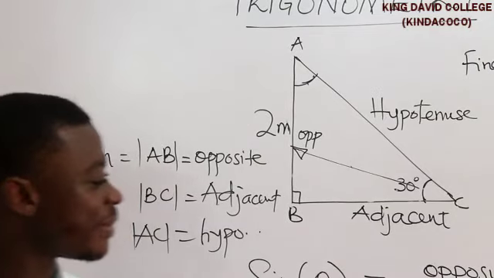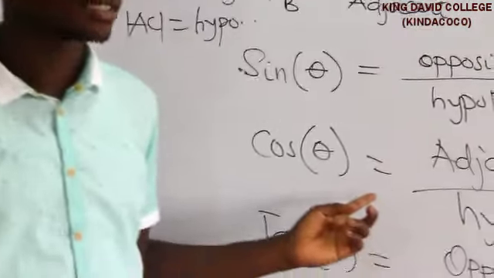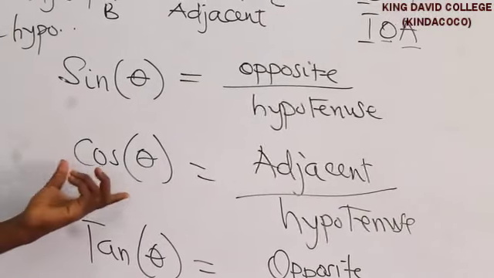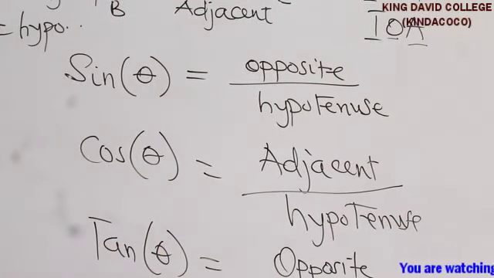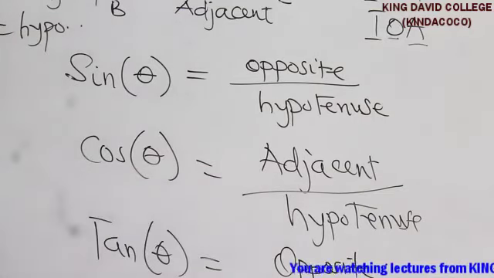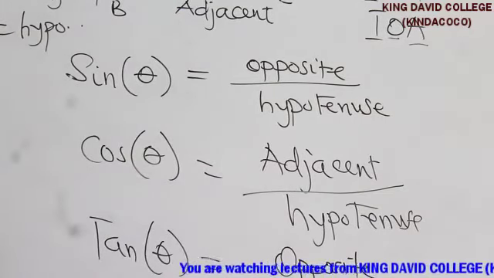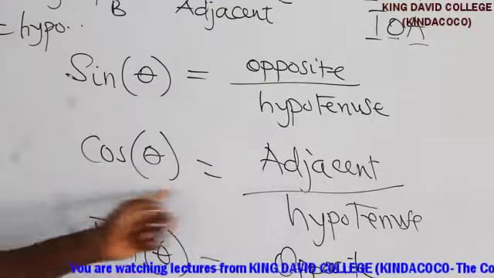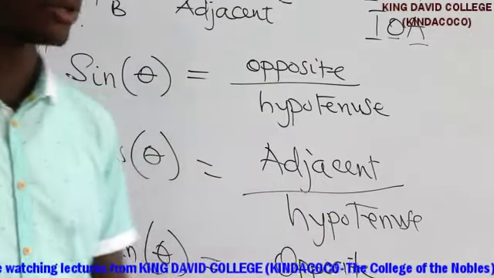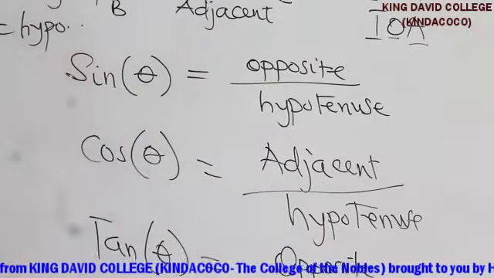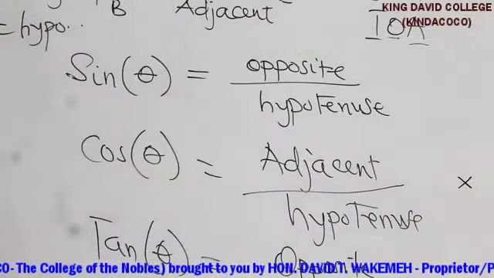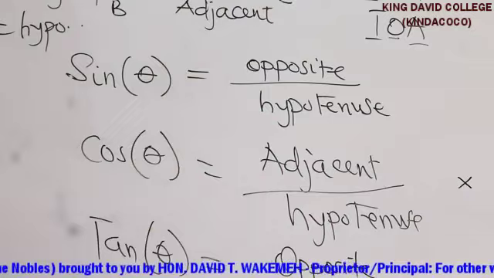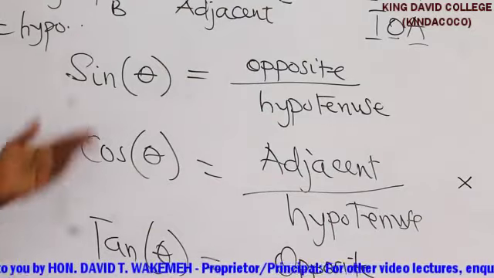Cos is not even making use of the opposite. So in this case, cos is not going to be appropriate, because the adjacent is unknown and the hypotenuse is unknown. You have two unknowns in a single equation, so we cannot use cos per this specific question. Now if we want to use sine.